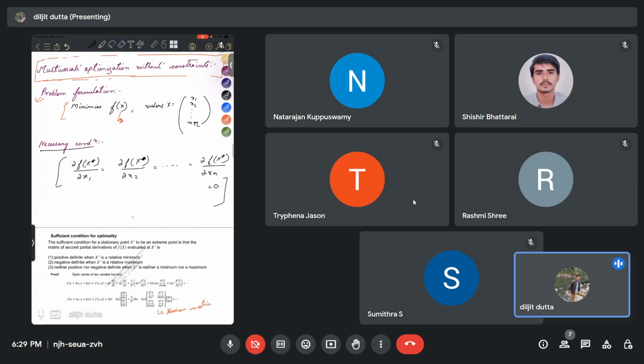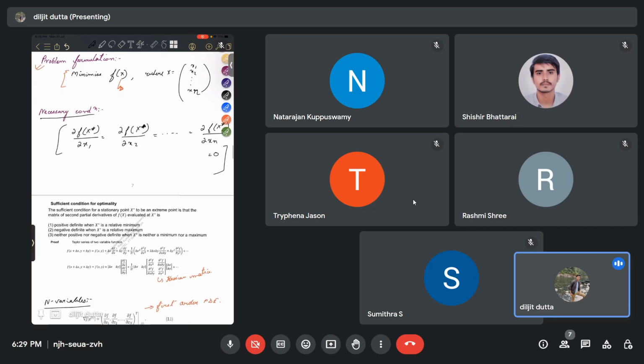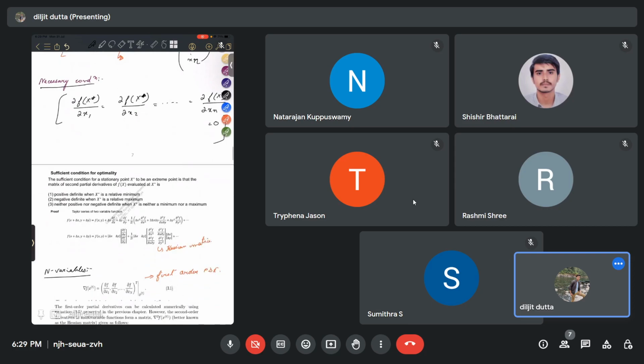It is just extending the single variable condition to multiple variables, but we are not using the simple derivative, we are using partial derivatives, because the function is varying with all the variables. It is not just depending on one variable, so we always have to use partial derivatives.